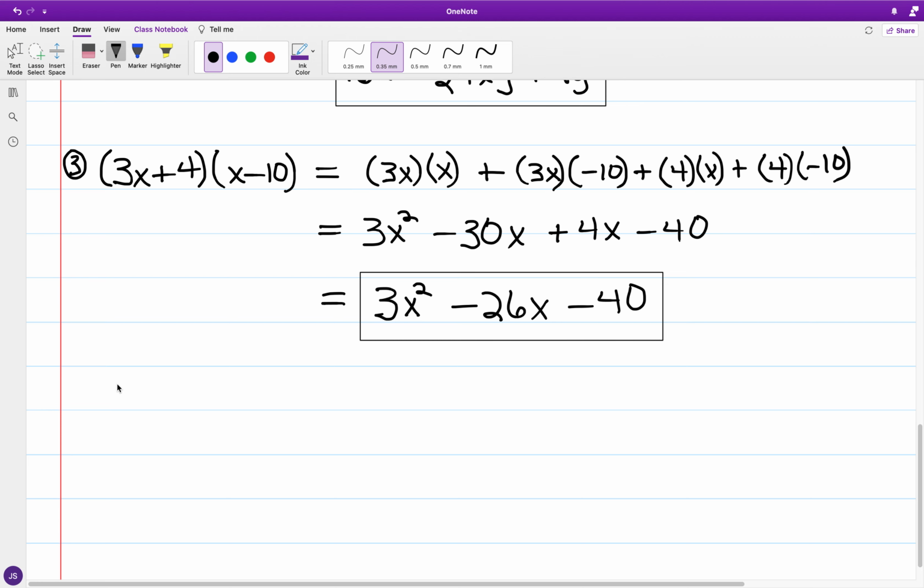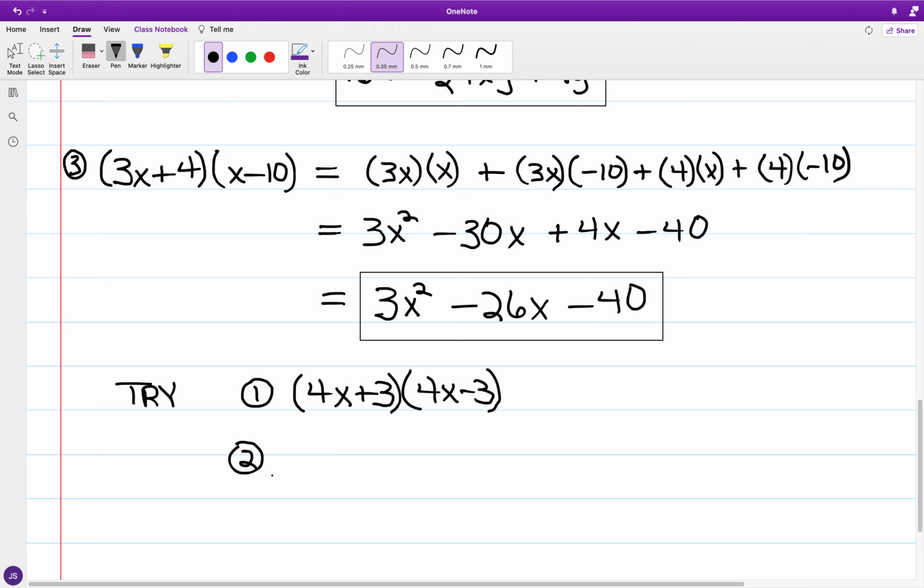We'll shift gears a little bit. In terms of multiplying polynomial expressions, let's see what we get for 4x plus 3 times the quantity of 4x minus 3.